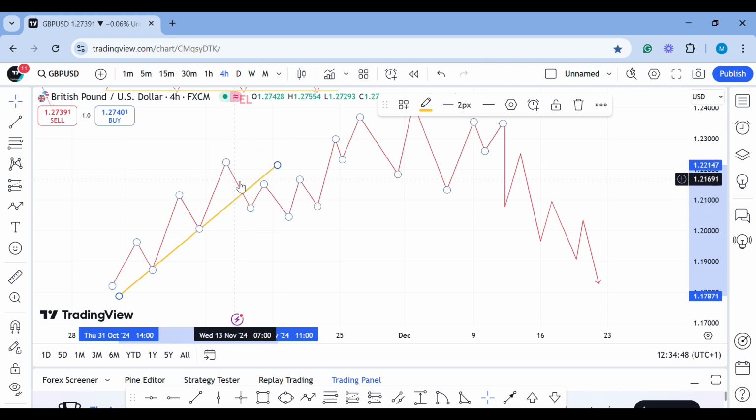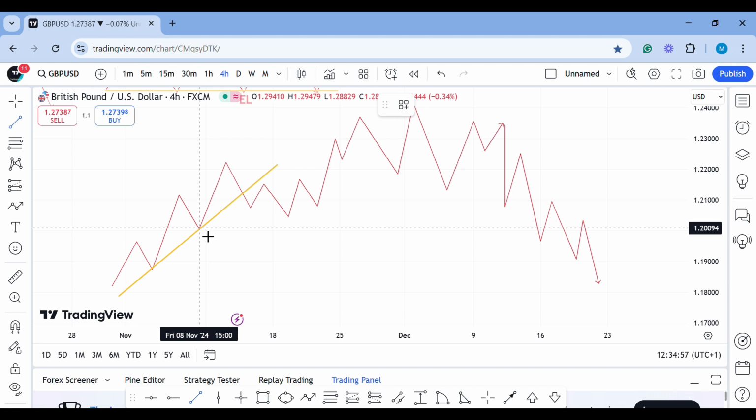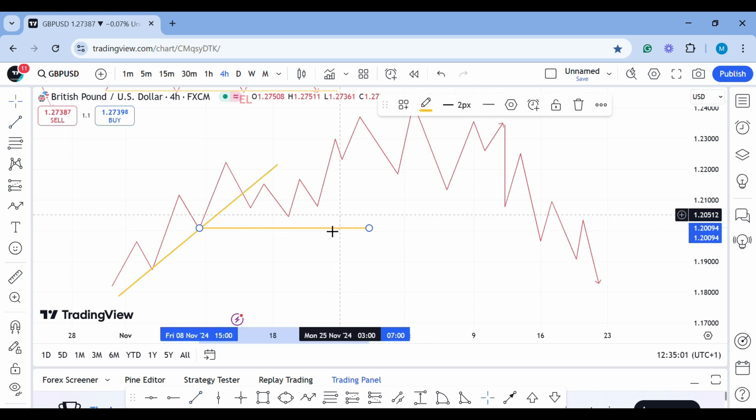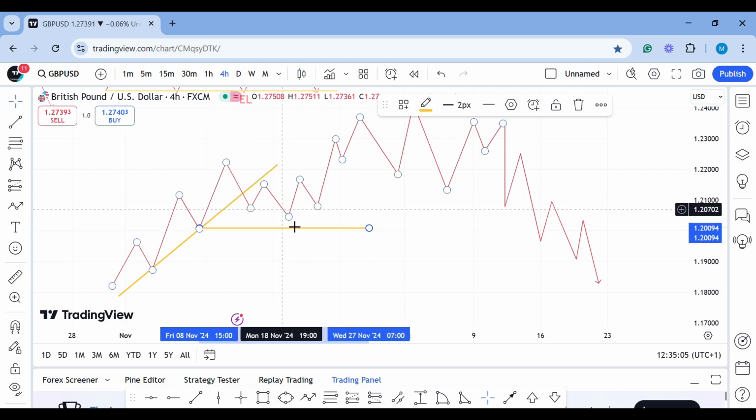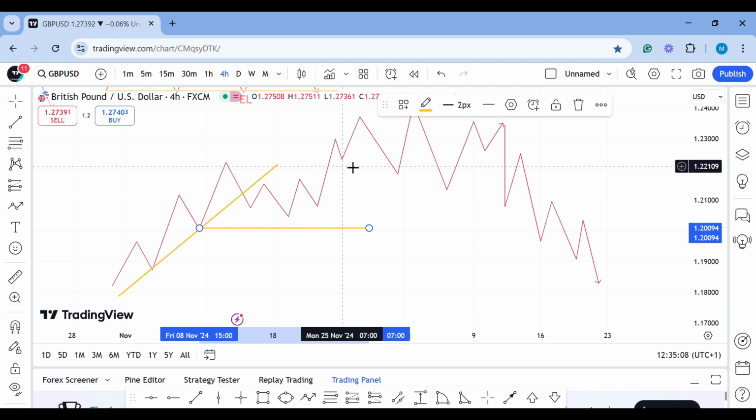So it only came back to create another low here, pushed again, but it failed to break this side, came back, but still the market has not broken its low. If you check now, the market has not broken its low. So this uptrend is still valid. The market is just giving us, remember, the market moves in fractals.